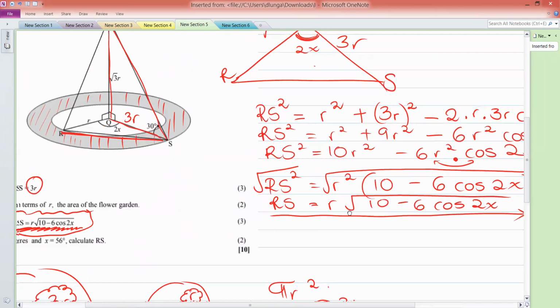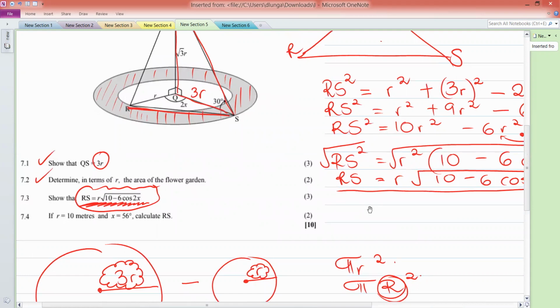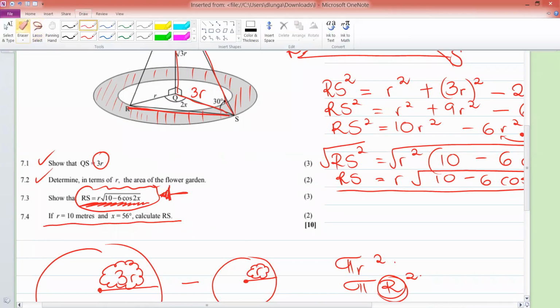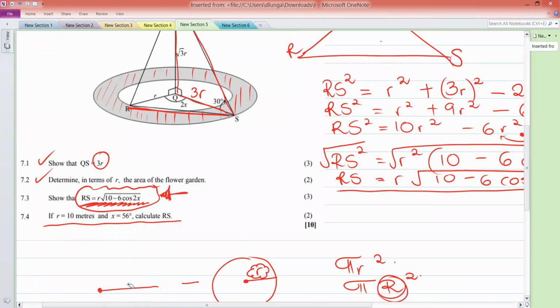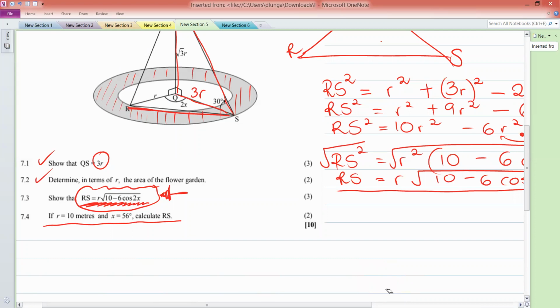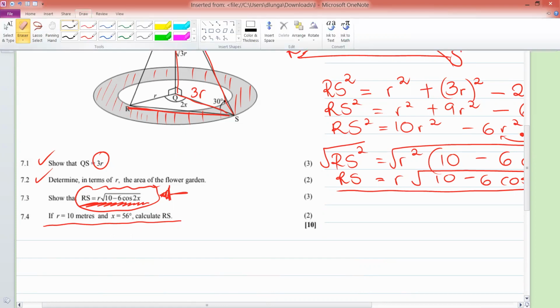And then the very last step. So guys, if you get stuck showing any of these steps, don't just stop and neglect the whole question, because you can do the last part by using the information they would have given you prior. So like using that, we can work out 7.4. Even if you didn't manage to show it, you can still go and answer that, right? Because they've told you that R now is equal to 10, X is 56 degrees, calculate RS. So that's just straight substitution.